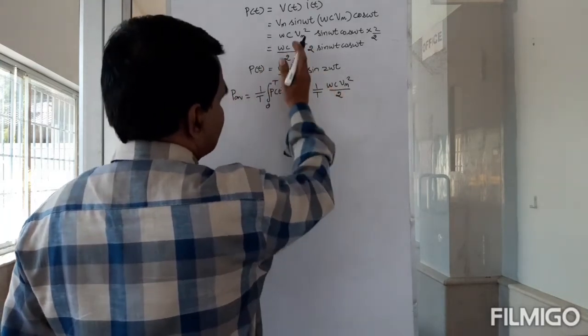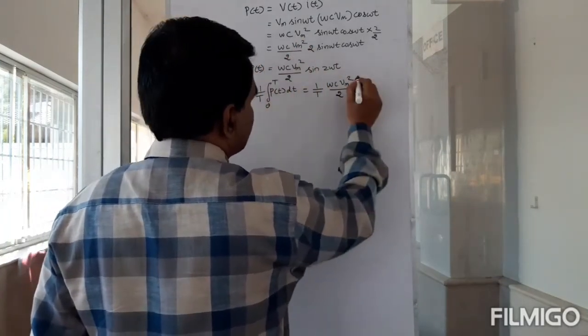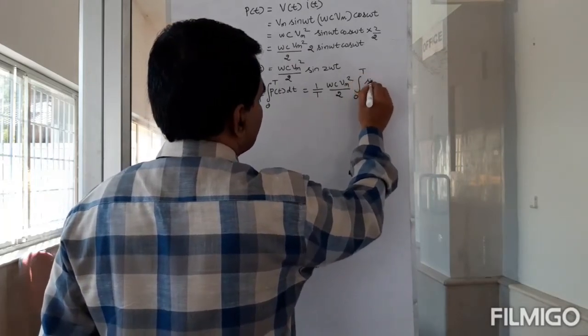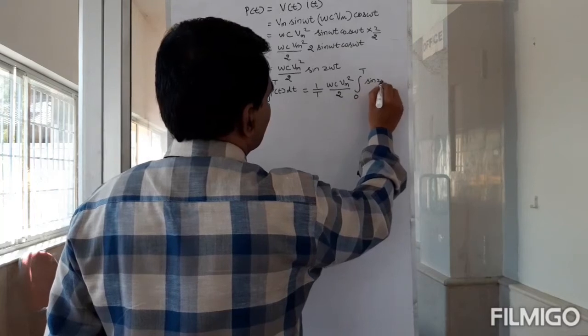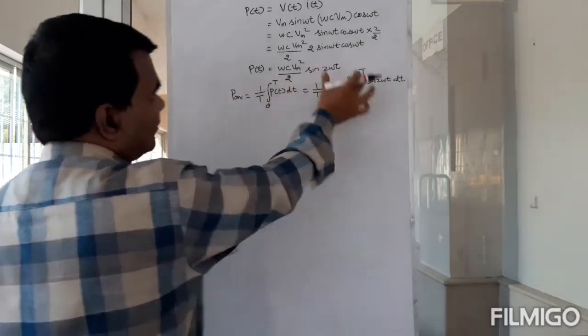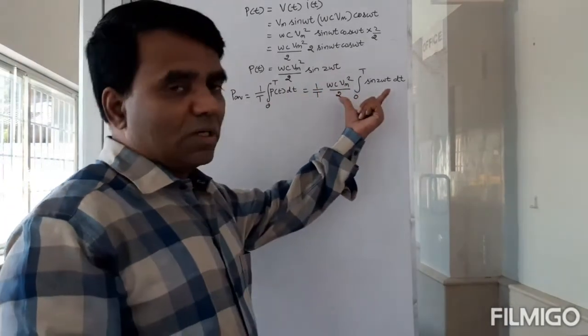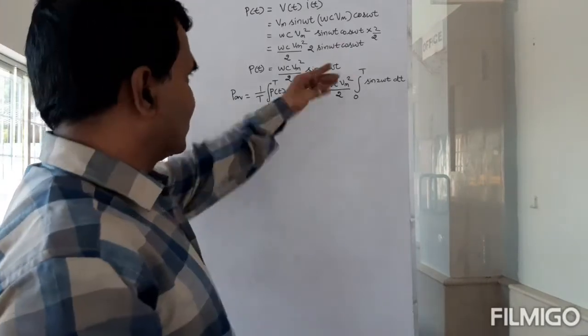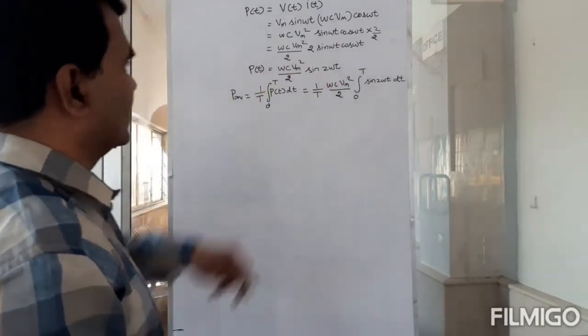I am taking this constant out of the integration. So effectively I get the integral from 0 to T of sine 2 omega t dt. I've just done all of that in one step. You can probably do it in one more step, but that's okay.